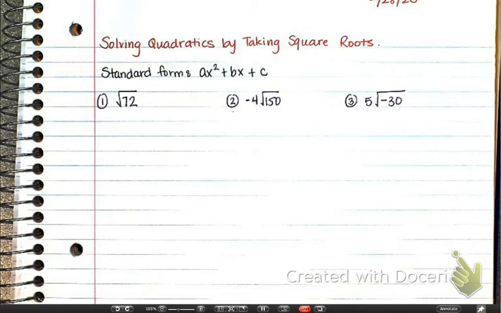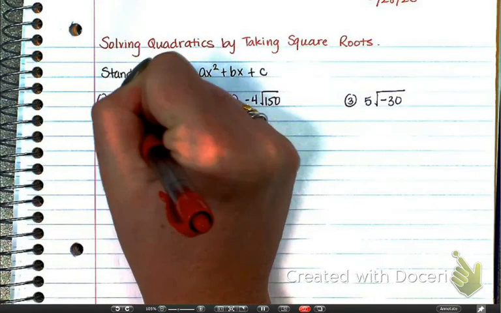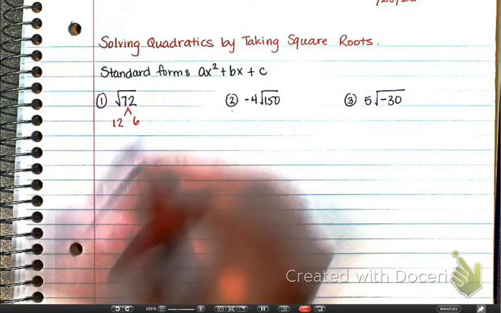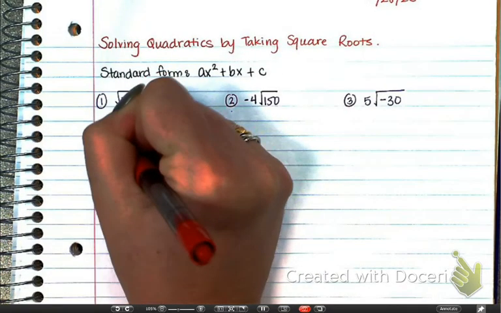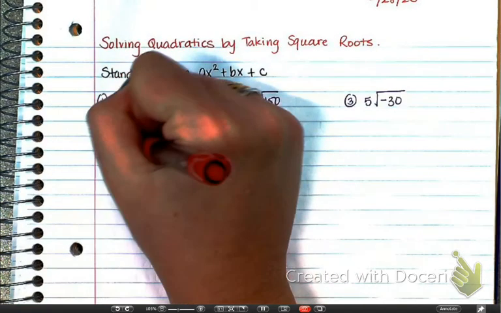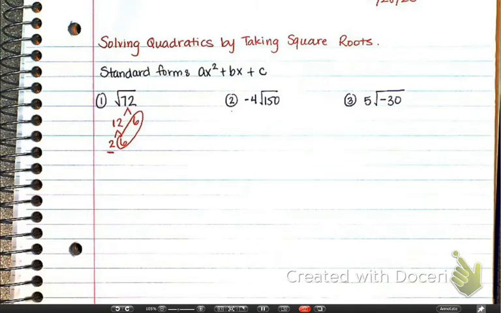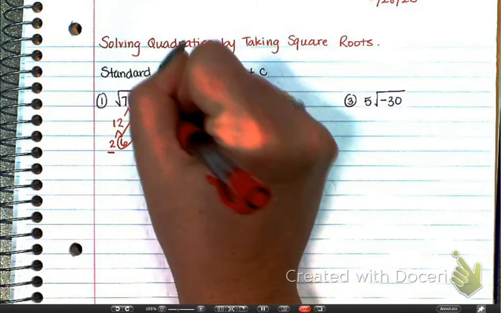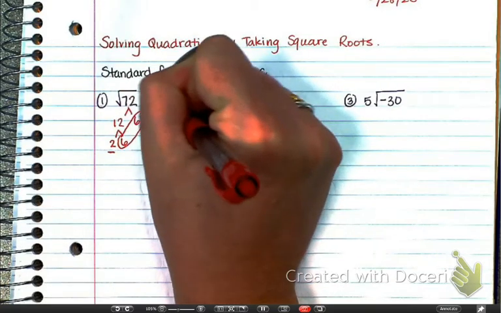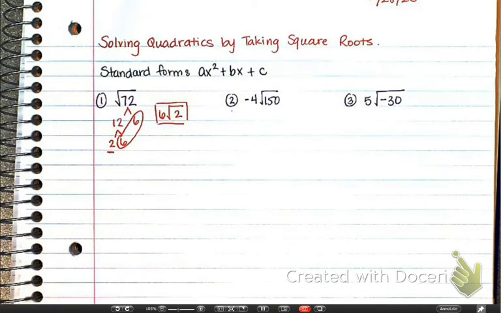All right, give me 2 numbers that multiply to 72. 12 and 6. Okay, 12 and 6. And then 12 breaks down to 2 and 6, right? Or 4 and 3, however you want to do it. But I see a pair of 6s, so I'm going to stop there. And I have a leftover 2. Your final answer should have been 6 square root of 2. Did you get that? Good.